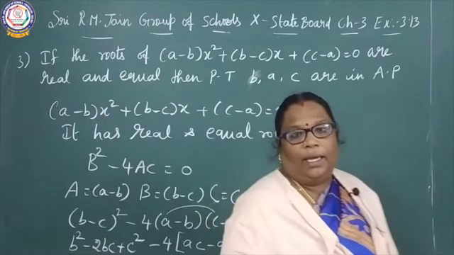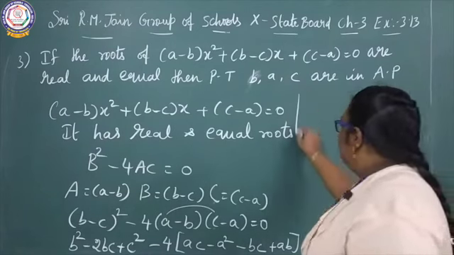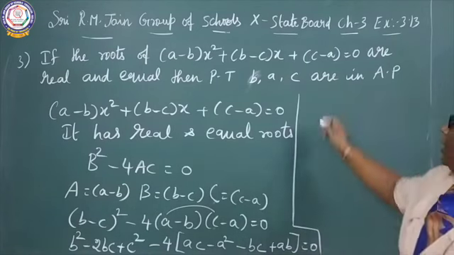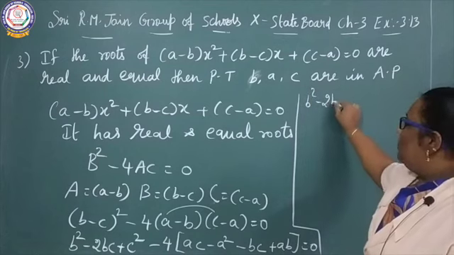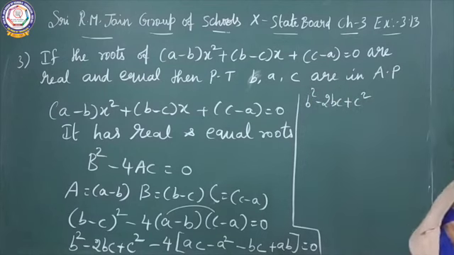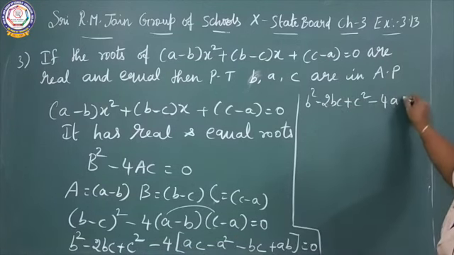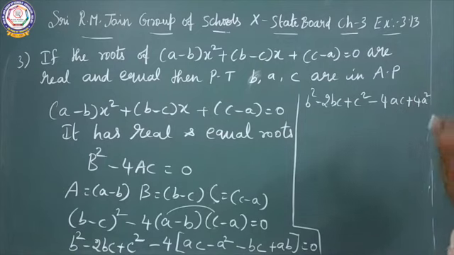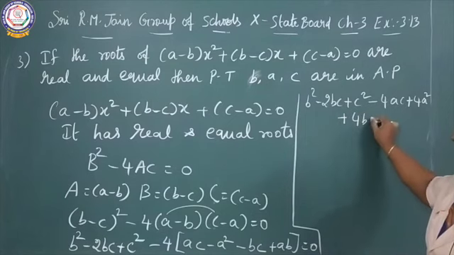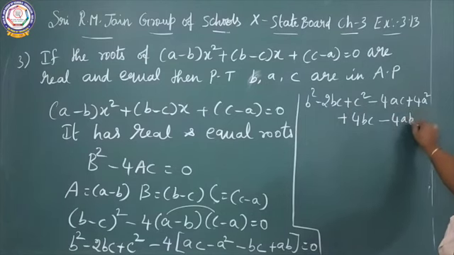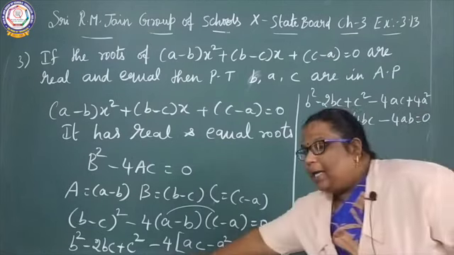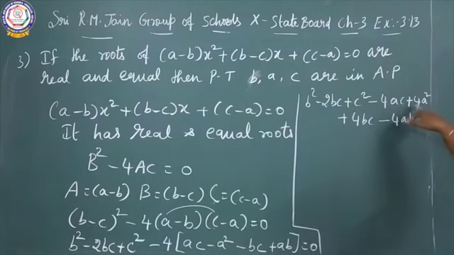See here, b square minus 2bc plus c square minus 4, you multiply inside: minus 4ac plus 4a square plus 4bc minus 4ab equal to 0.